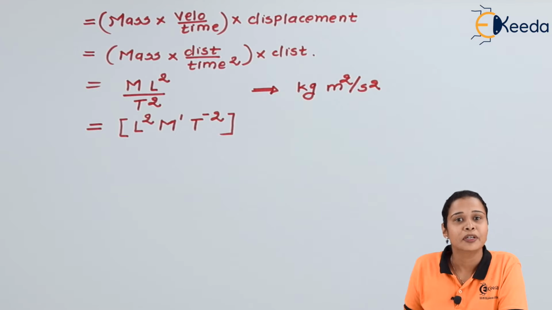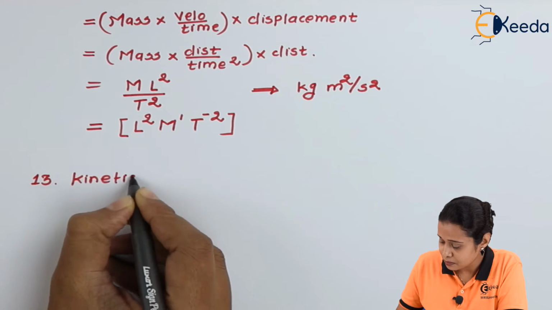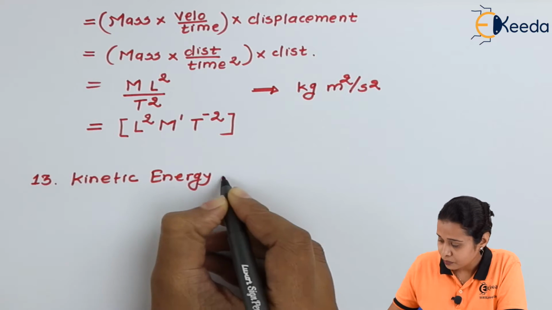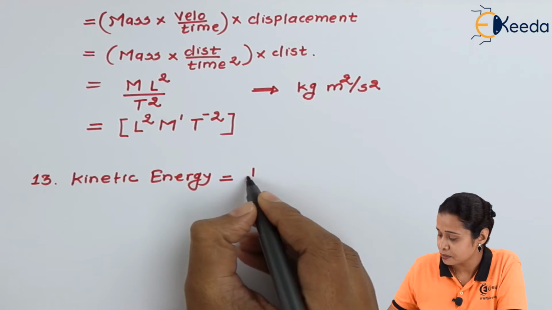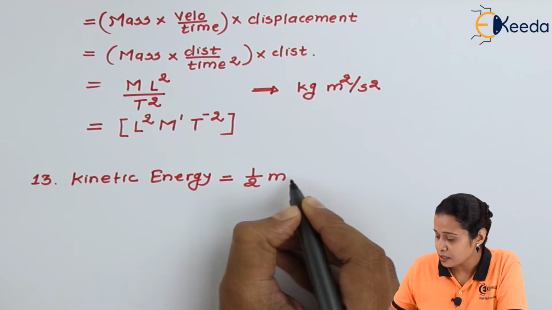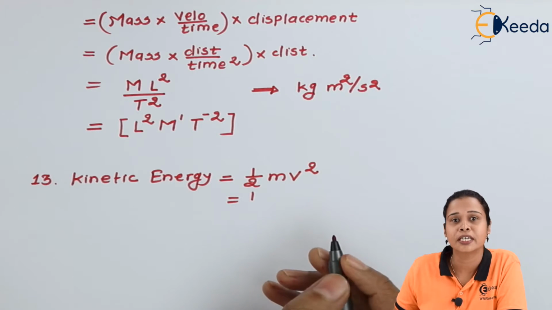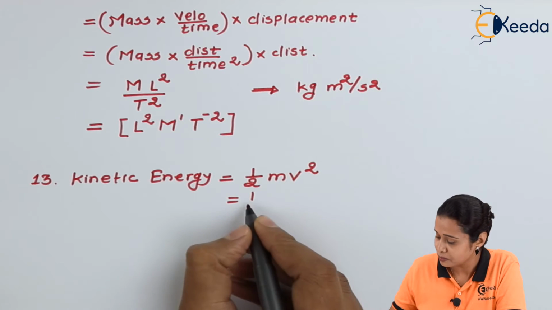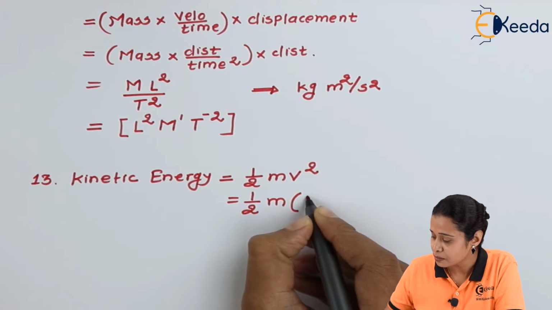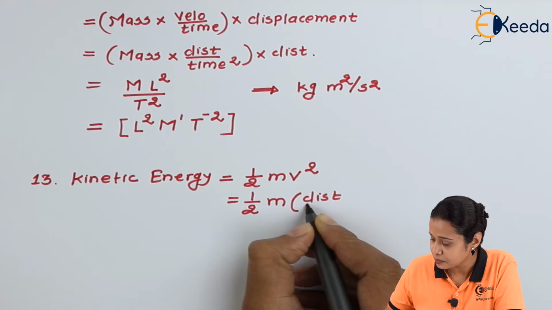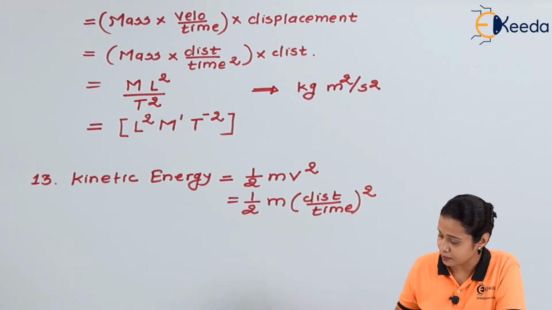Next physical quantity will be kinetic energy. We know kinetic energy is equal to half mv square, that is half mass into velocity square. We can express velocity in terms of distance per unit time. So here we will directly write half m, distance per unit time, whole square.